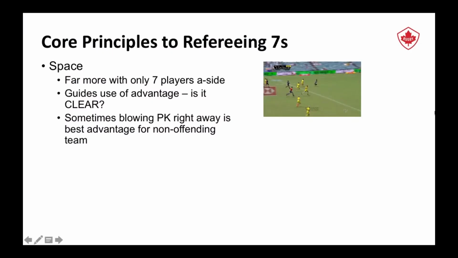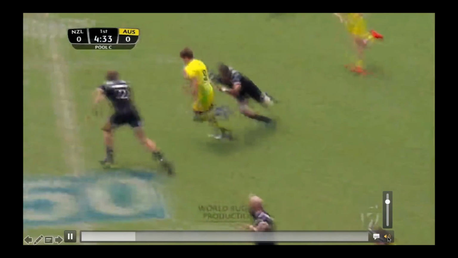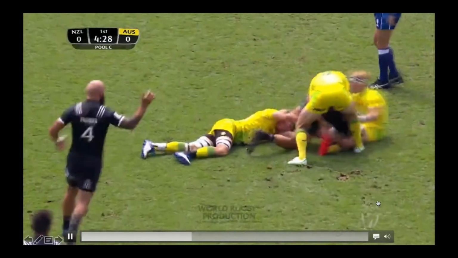Okay, so after the first infringement, we'll see following the quick tap, Gold 11, I believe, is offside. And we'll hear the referee with a very quick advantage call, right? So it's nice and early, everyone knows.